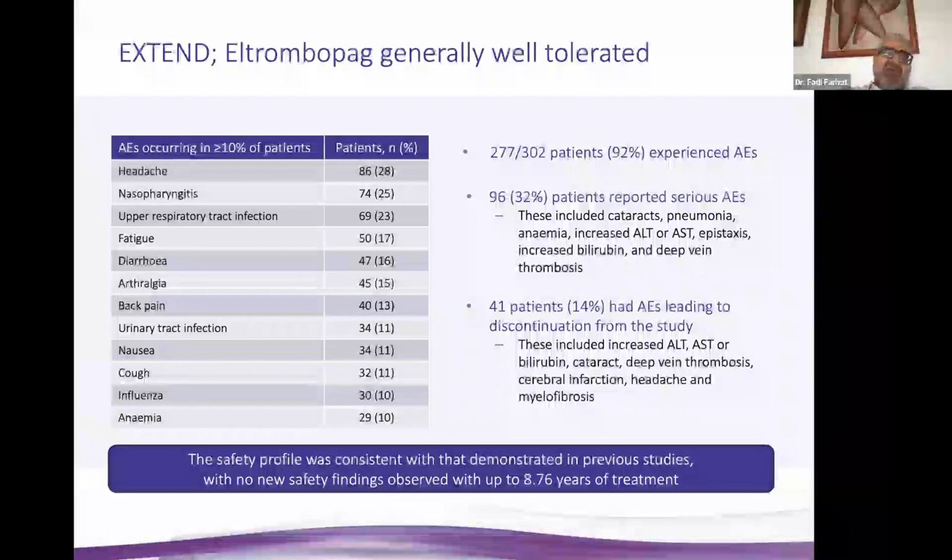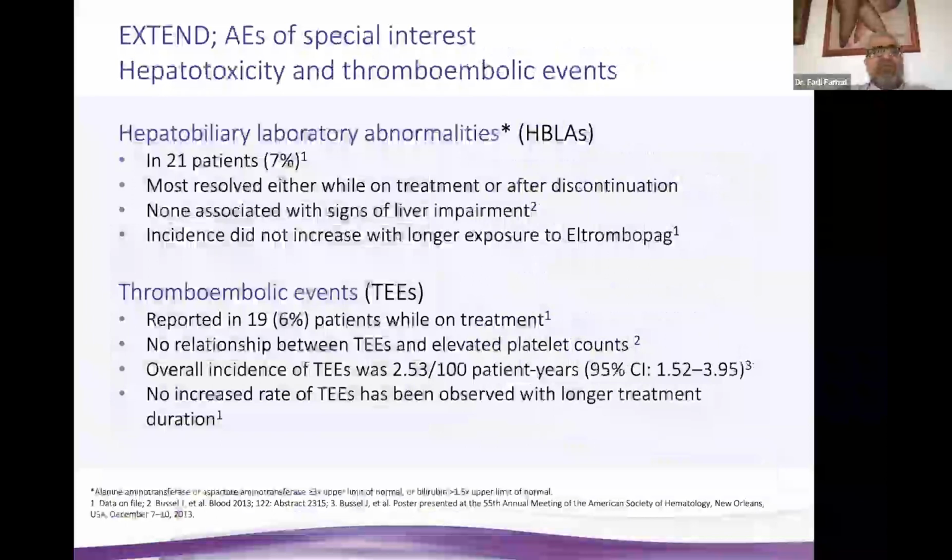It was only 14% adverse events leading to discontinuation of eltrombopag in the study. And what were mainly these? It was the liver function test abnormalities, the cataract, the DVT, and the infarction of the brain, and some headaches and myelofibrosis. So in general, in the Extend trial, the toxicity profile was comparable to the previous one.